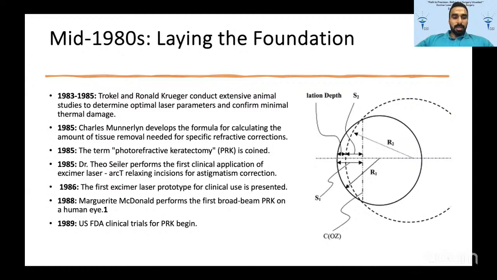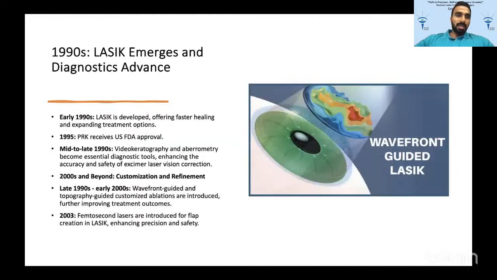FDA trials began in 1989, and it's very interesting. A lot of these patients were off by several diopters, by 3 or 4 diopters. This was really unimaginable; in our times, being off by even half a diopter gives rise to unhappy patients. In the 1990s, LASIK emerged, and PRK received its US FDA approval.